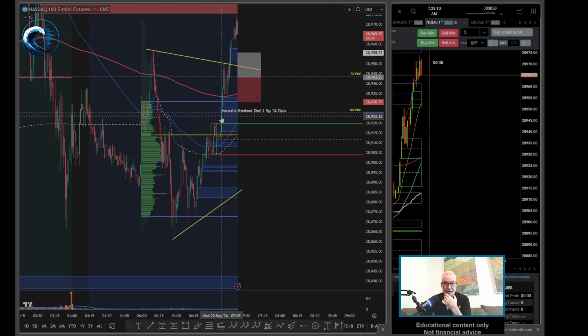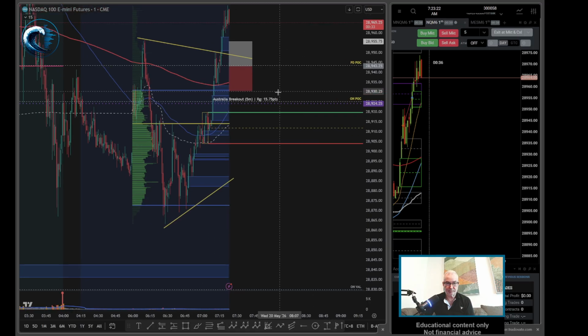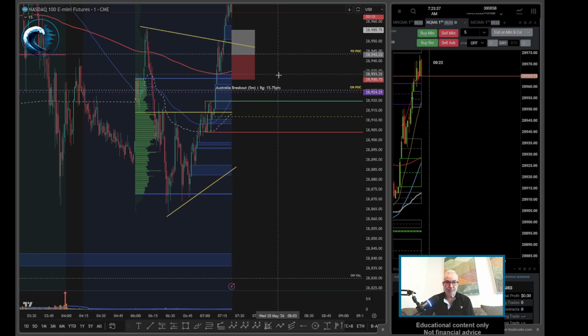Out of the ORB, into the overnight POC. I made the wrong call there. So much strength there, so much strength there.